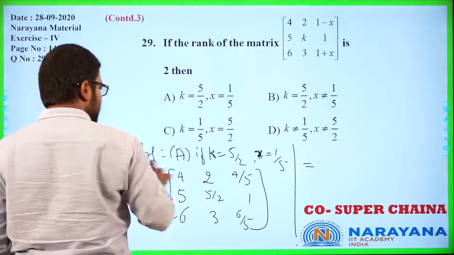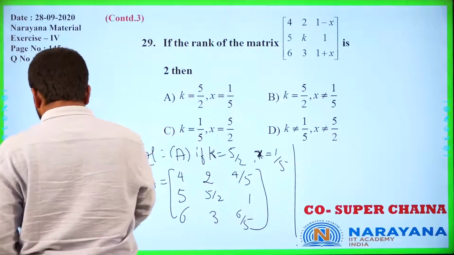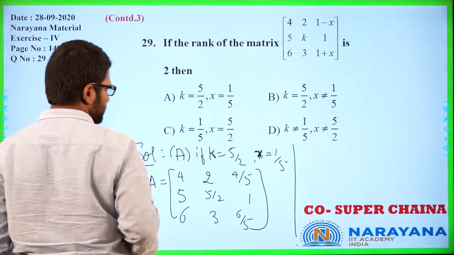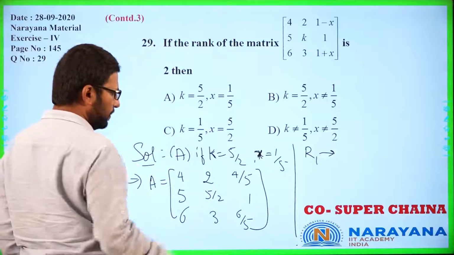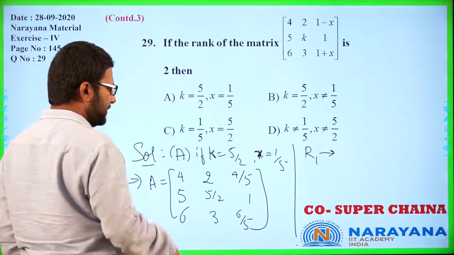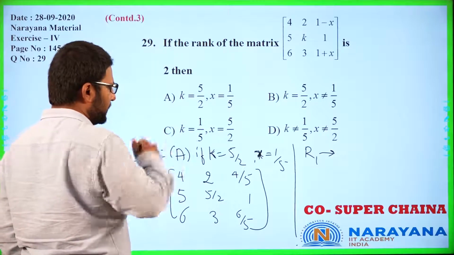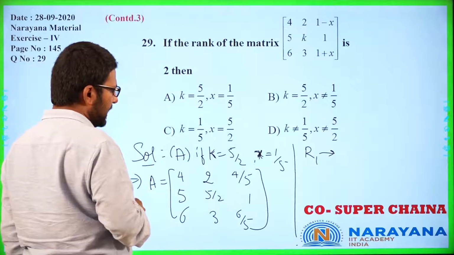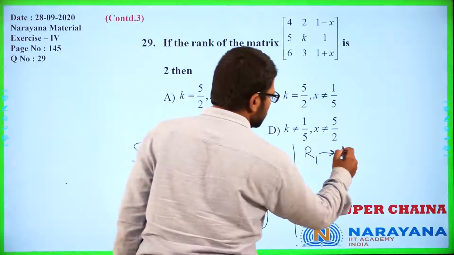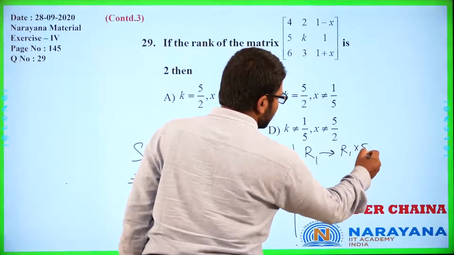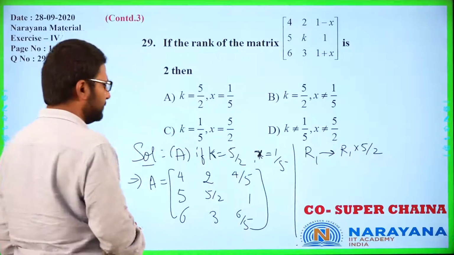So why don't we apply one of those transformations? Let us say R1 goes to, we can see 4 to 4, so I want to take that 2 at least out, and I want to multiply all of them by 5. So R1 goes to R1 into 5 by 2, first of all.